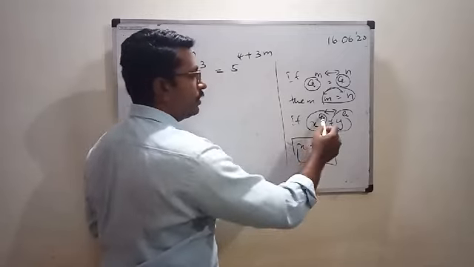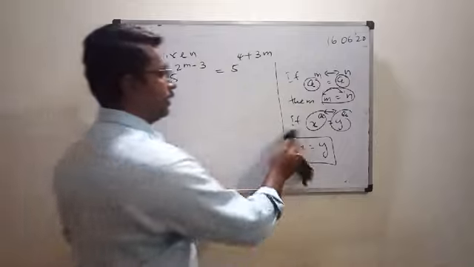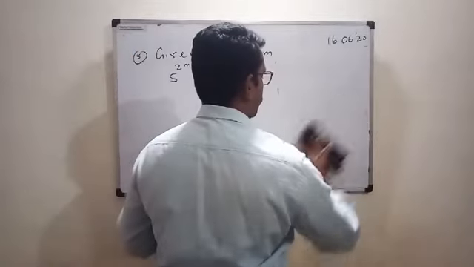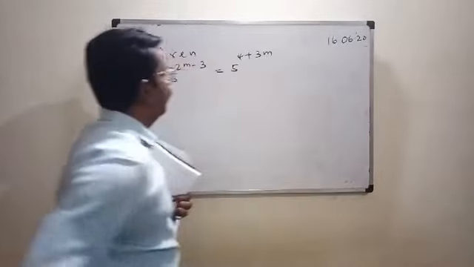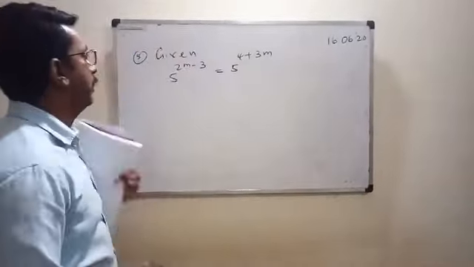Okay. Now you see over to our question. Let us see this one. What is that? Look at this one. Given 5 to the power 2m minus 3 is equal to 5 to the power 4 plus 3m. Bases are same. Isn't it so?